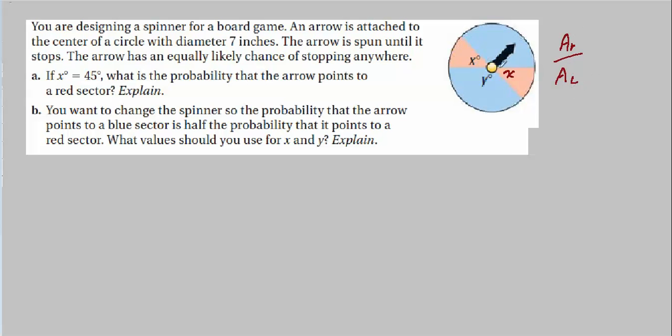Well, this is 45 and this is 45, so 90 degrees of red means 90 over 360. And that's all you have to do. You could take this, multiply pi times 3.5 squared divided by pi times 3.5 squared, and you would still get 90 over 360.